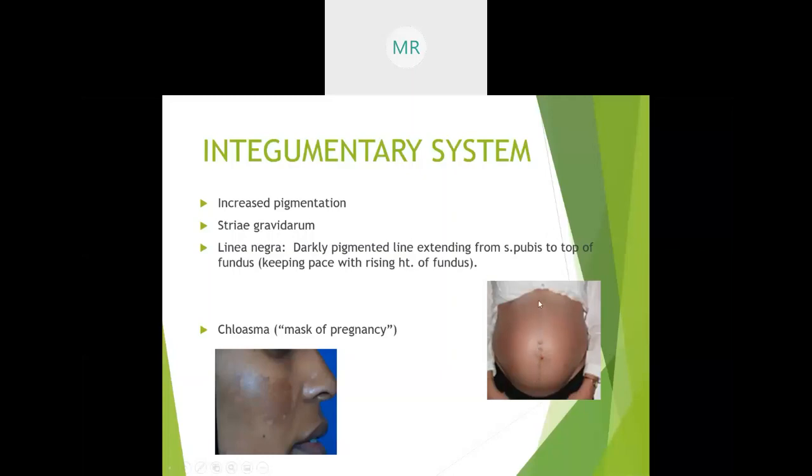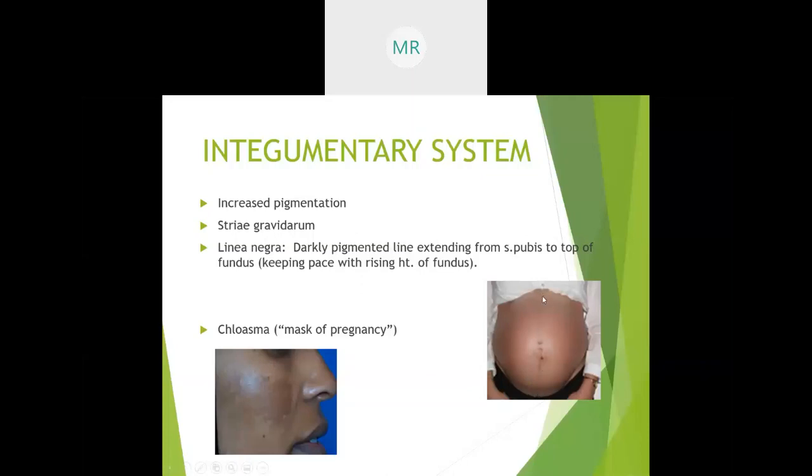Okay, the top is the fundus, and down here is the symphysis pubis. So it's keeping the pace with the rising height of the fundus. It's a darkly pigmented line that extends from the symphysis pubis to the top of the fundus.